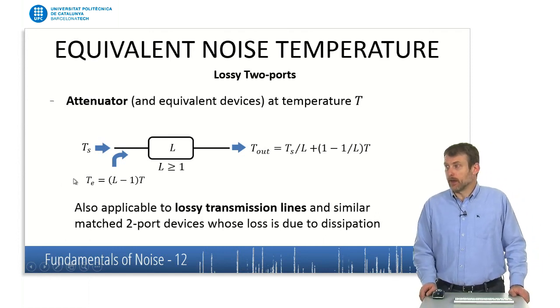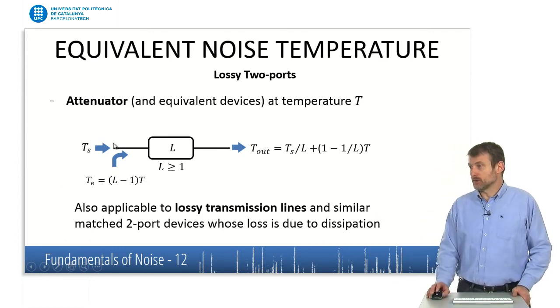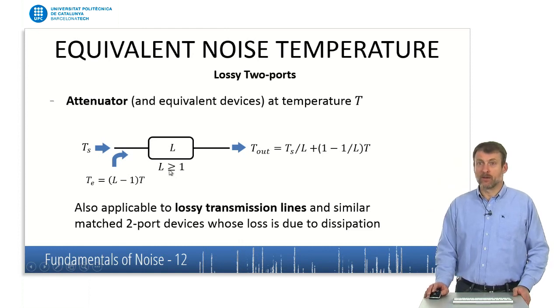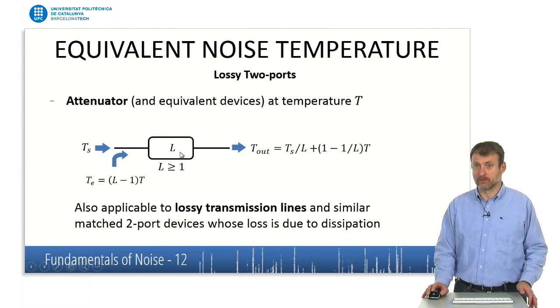By the way, the convention in this slide is that this attenuator, this L, is bigger than 1, meaning that if the attenuator is such that only 1/10 of the power at the input translates to the output, then L would be 10, right, and not 0.1.